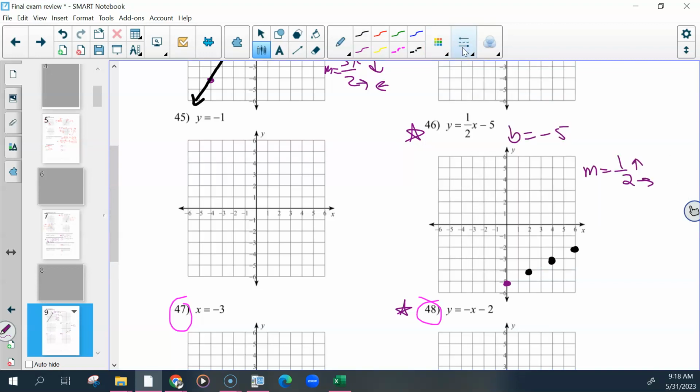And then we can also do the opposite and go down 1 and left 2 from the y-intercept. Once you have all your points, connect the dots, make a line, draw arrows again.